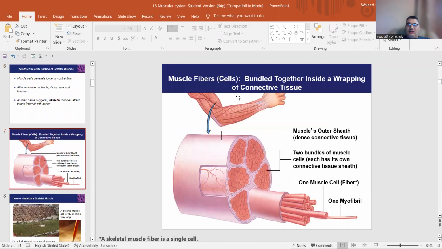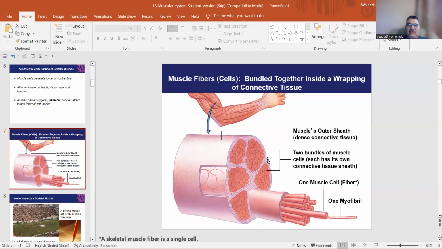If you look at one of these muscles, let's say this is the biceps, let's get into some more details. So if you have this whole entire muscle, it's covered by a sheath of connective tissue. But if you look inside, you will see bundles. If you like to eat meat, red meat or chicken, sometimes we can separate these bundles like this.